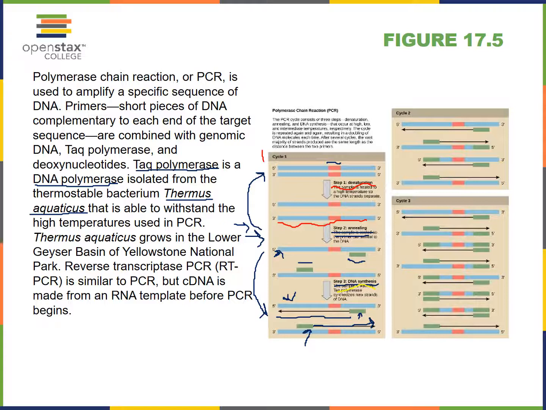It drops back down to 50 to 65 degrees Celsius so that annealing can happen. Your primers bind to the single-stranded DNA template. And then we'll heat this solution back up to 72 degrees Celsius to get the elongation from the Taq polymerase.